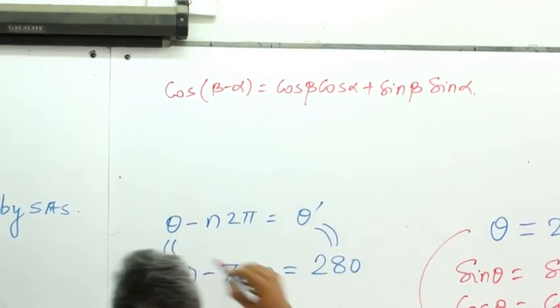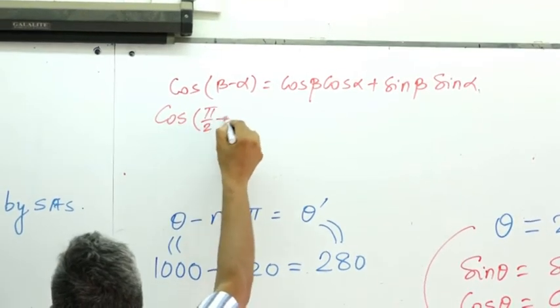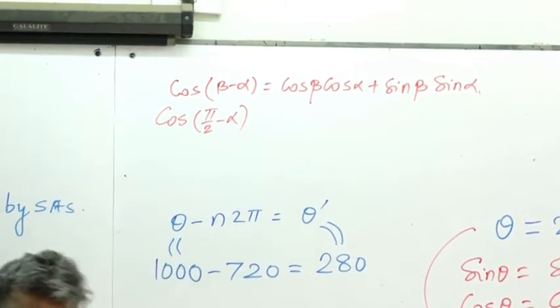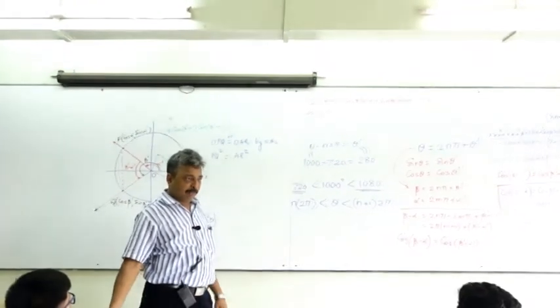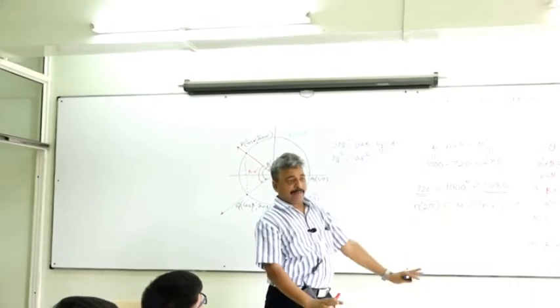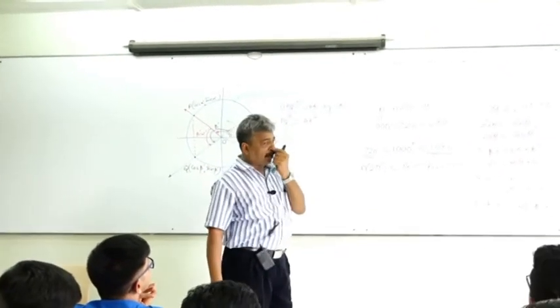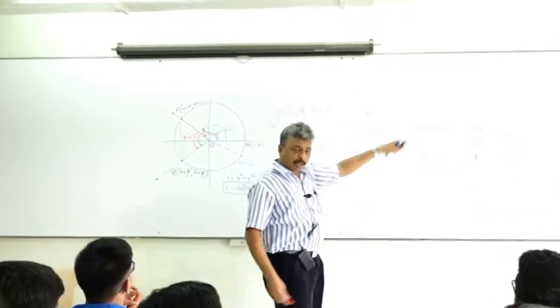So now let us find out how much is cos of pi by 2 minus alpha, where alpha is not an angle between 0 and pi by 2, but any general angle belonging to R. Alpha can be 5000 also, and pi by 2 is pi by 2. So how much will be cos of pi by 2 minus alpha?